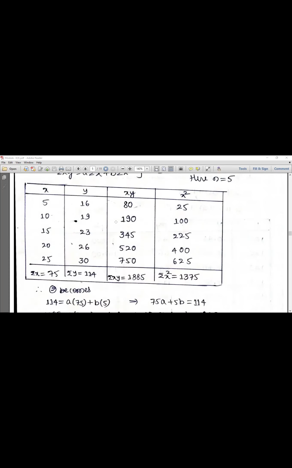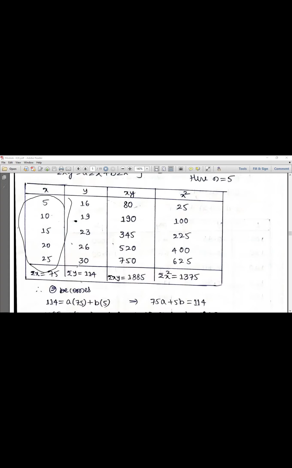This is the given x value, y is the given value. We want xy, so write it xy. We want x square, so construct the table of x square. Now you can see here x is 5, 10, 15, 20, 25. When you add this column, summation of x is equal to 75. y is 16, 19, 23, 26, 30.